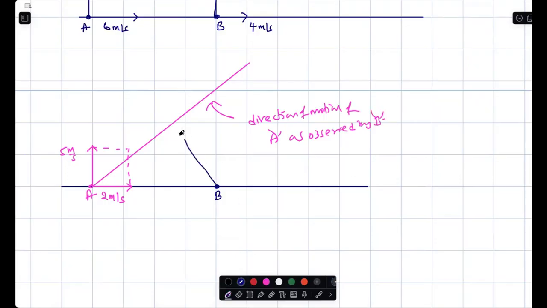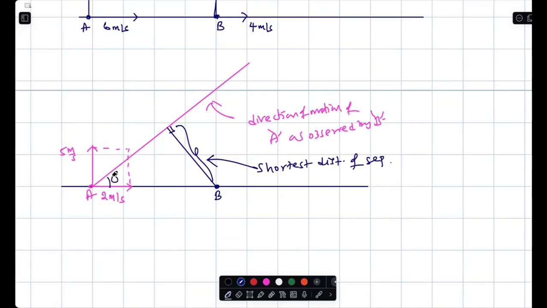You draw a projection from B onto this line. What is this line called? Shortest distance of approach, or shortest distance of separation.